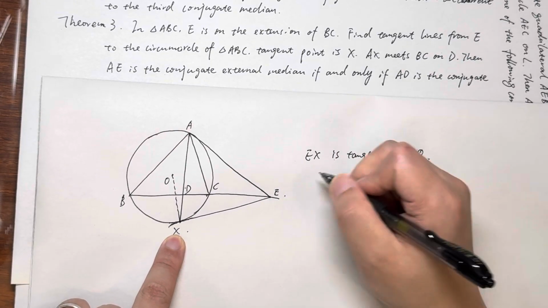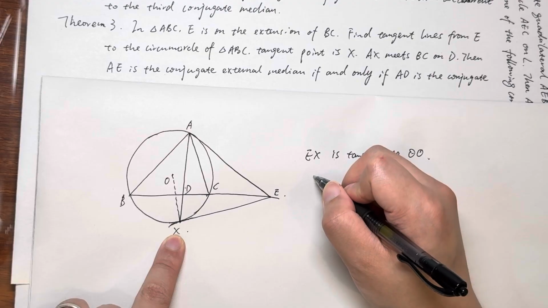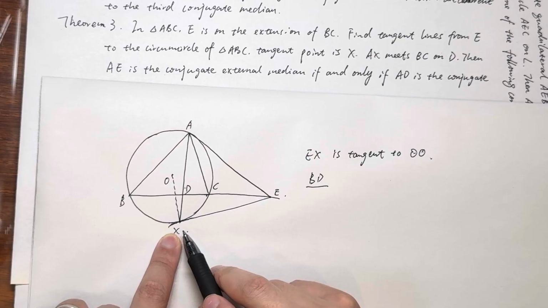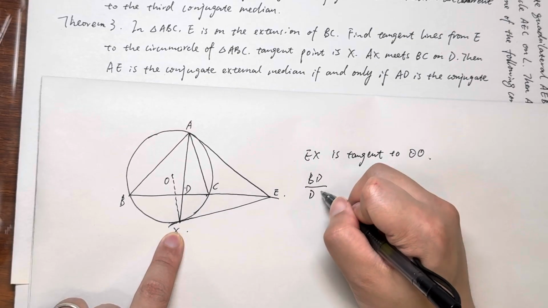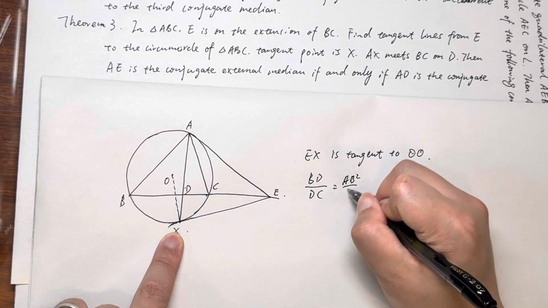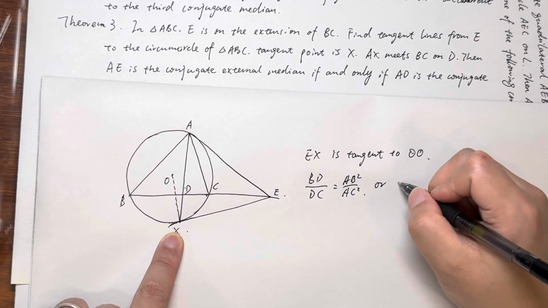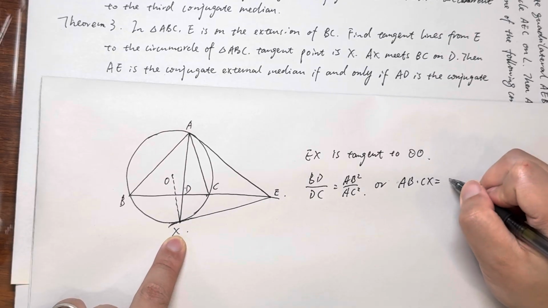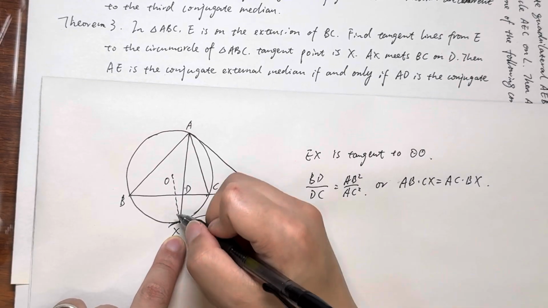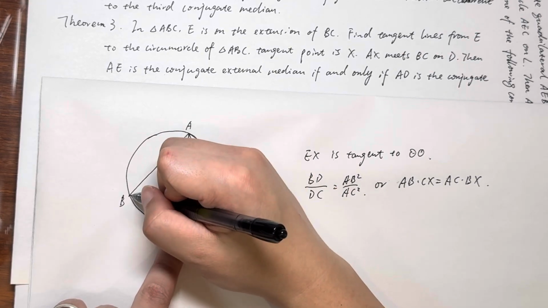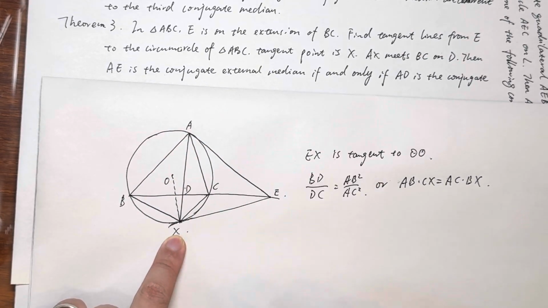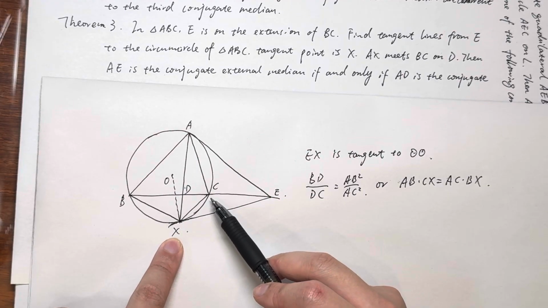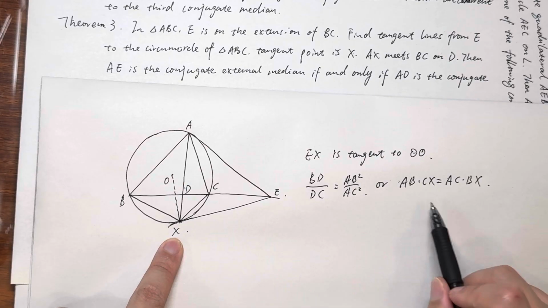So basically our problem setup is that we know EX is tangent to the circle O, and we know that BD to DC equals AB squared to AC squared, or, I'll just write it down, AB times CX equals AC times BX, right? Because if AD is a conjugate median, that means ABXC is a harmonic quadrilateral which has this property, right?